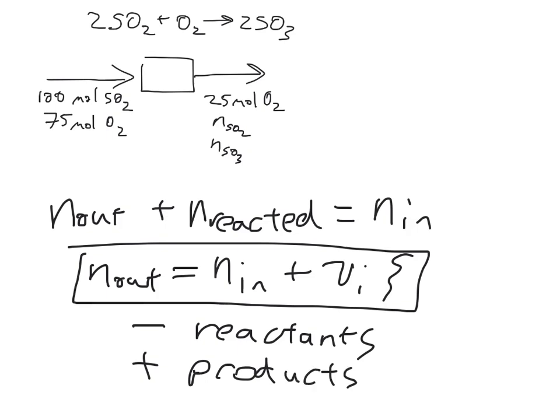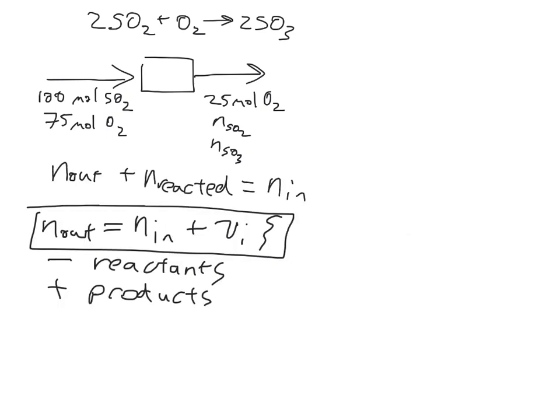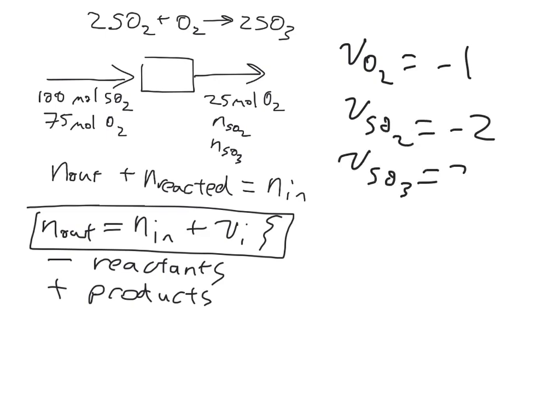So we can write out what the stoichiometric coefficients in the extent equation are for all the species. For O2, it's -1, because remember, it's a reactant. SO2 is -2, and SO3 is +2. There we have the three stoichiometric coefficients we would use in our extent equation.